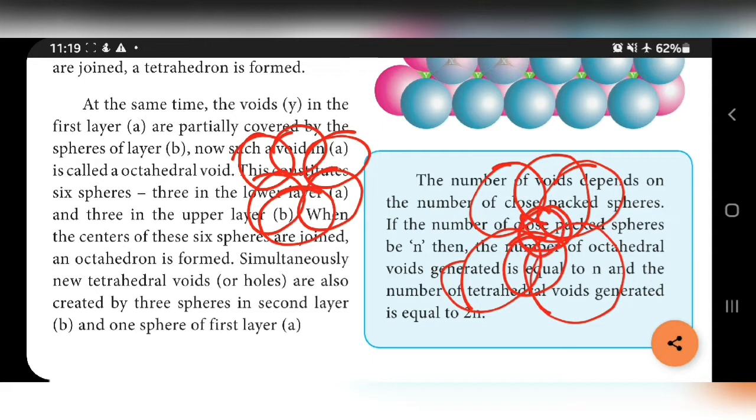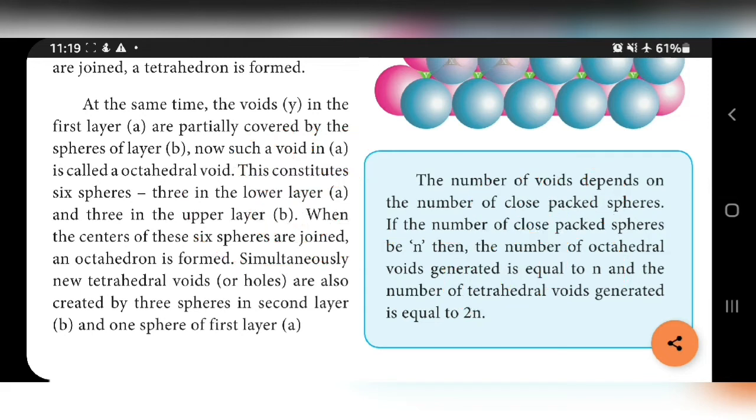So this is called an octahedral void. This constitutes totally 6 spheres, 3 in the lower layer, that is the A layer, and 3 in the upper layer, that is the B layer. When the centers of these 6 spheres are joined, an octahedron is formed.